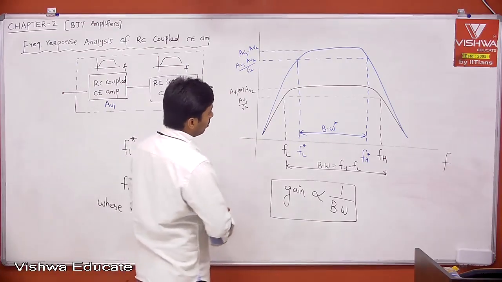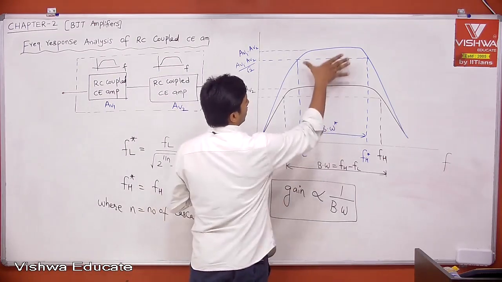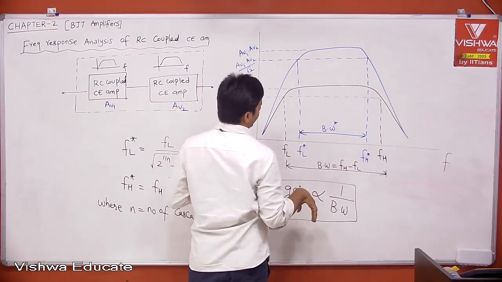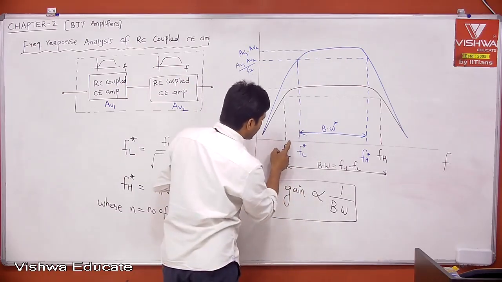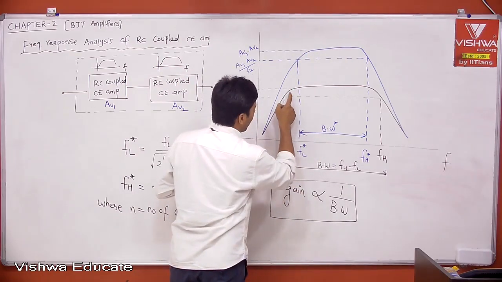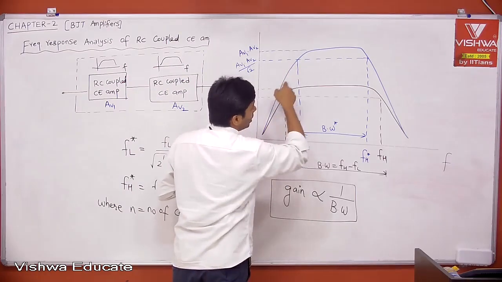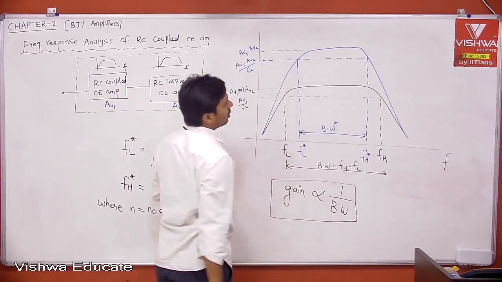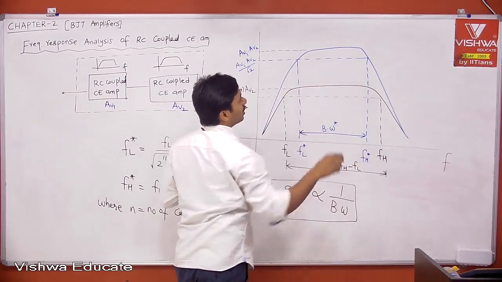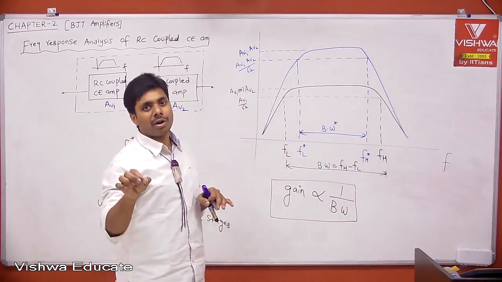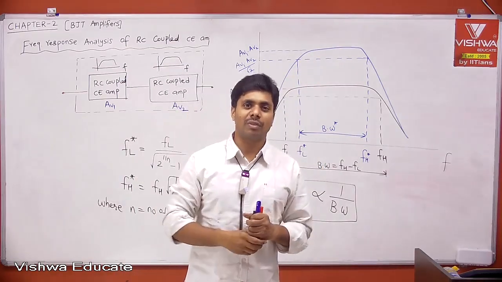But if you observe, even though the bandwidth is lesser for 2 stages, if you take a given frequency, the gain is more, but the gain is varying. Because the gain is varying, people say don't take that frequency, because we want the gain to be flat. The gain value is also important, and the gain should not vary with respect to frequency.